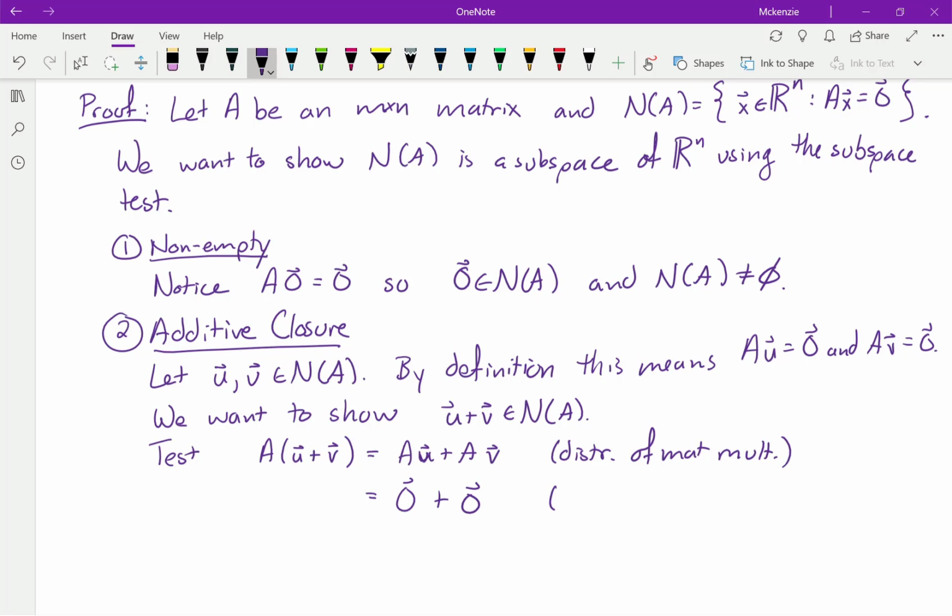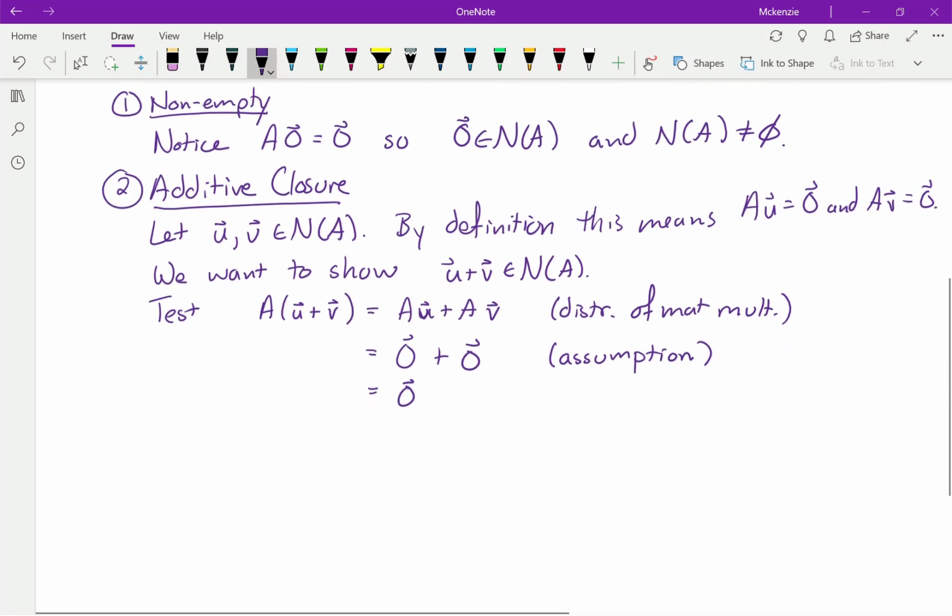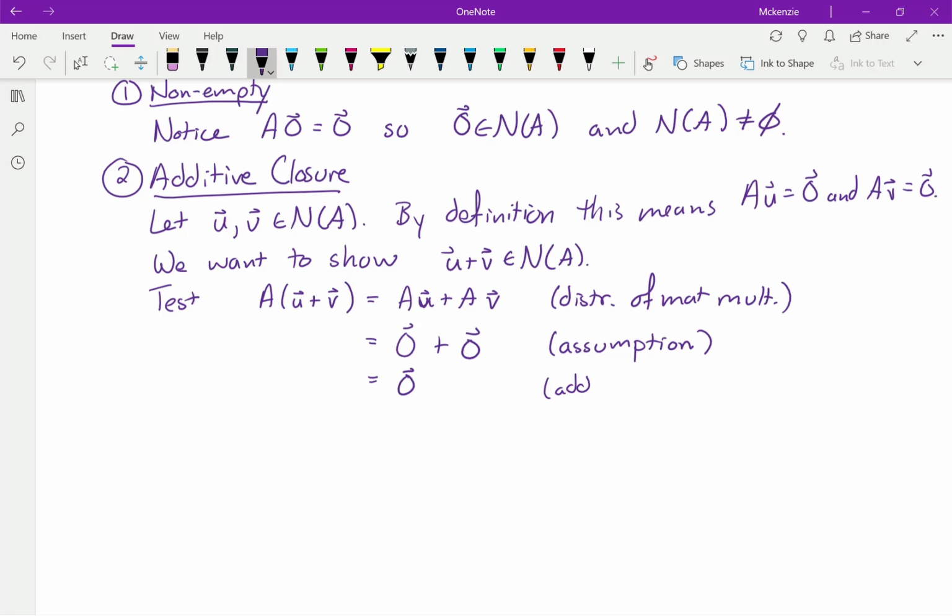This is our assumption that allows us to make this change. And 0 vector plus 0 vector is the 0 vector. So therefore, A times (u plus v) equals the 0 vector, so u plus v is in N(A).